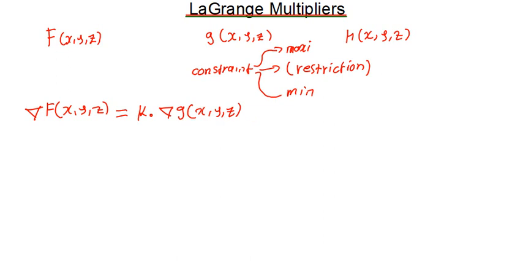If you're given two constraints, including the h here, you're going to add, let me name this as, what letter can I use here? Let me use d, multiplied by that one there. Then you have your h of x comma y comma z, like that.